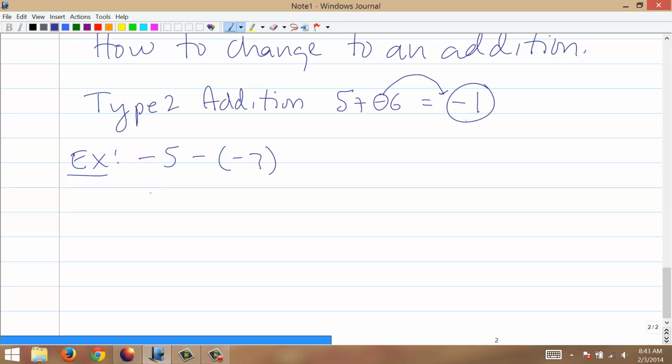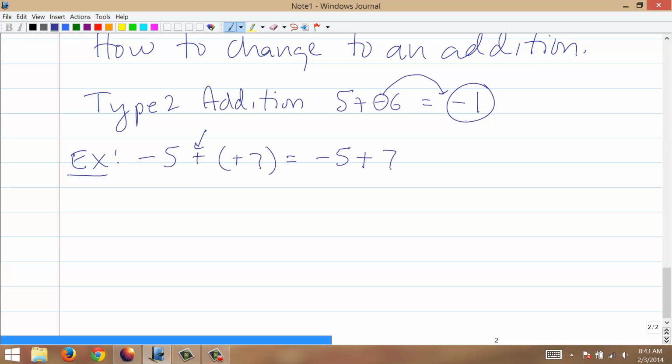If you remember, hopefully at some point you've learned that if you take a minus times a minus, that's the same thing as a positive. So the subtraction and this -7 I can actually switch and turn into an addition. So -5 minus -7, I can think of as -5 plus 7, which is now going to be a type 2.